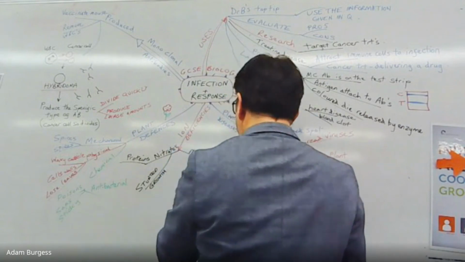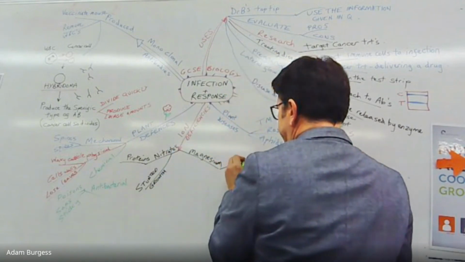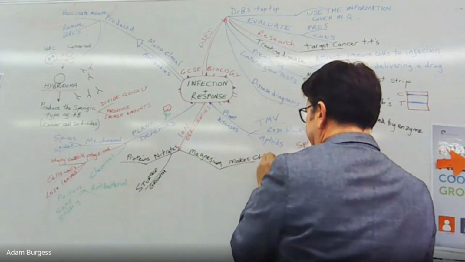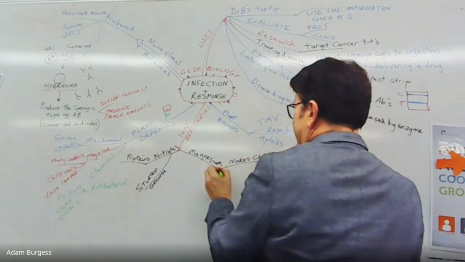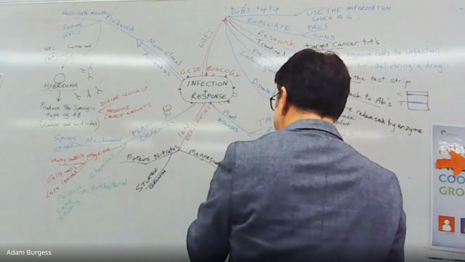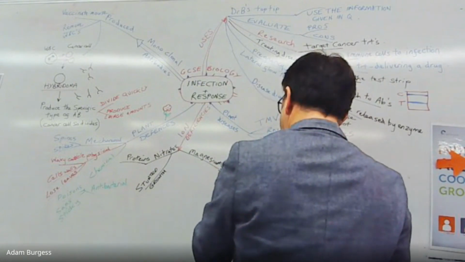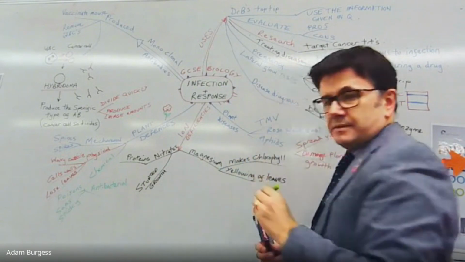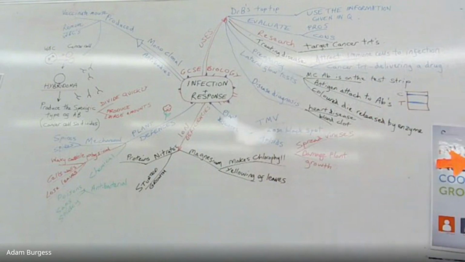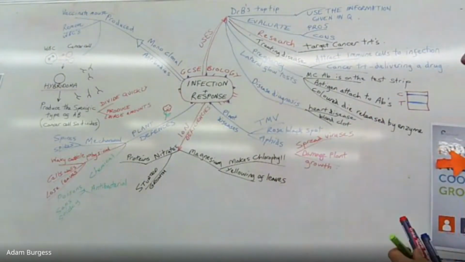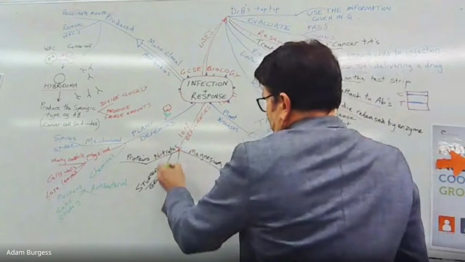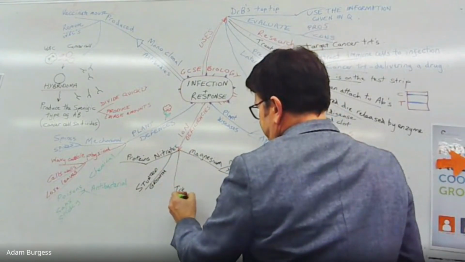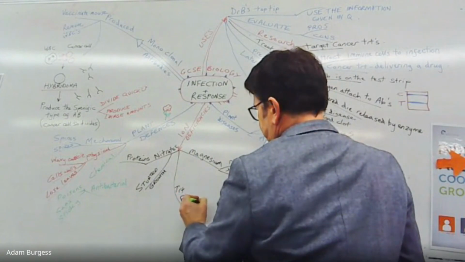And that makes chlorophyll. So obviously you're going to get yellowing of leaves. And you can treat them with fertilizers.